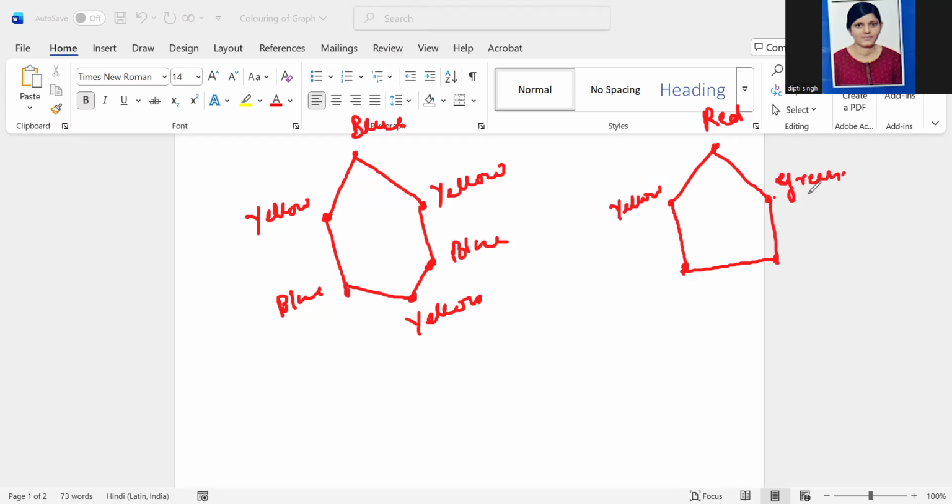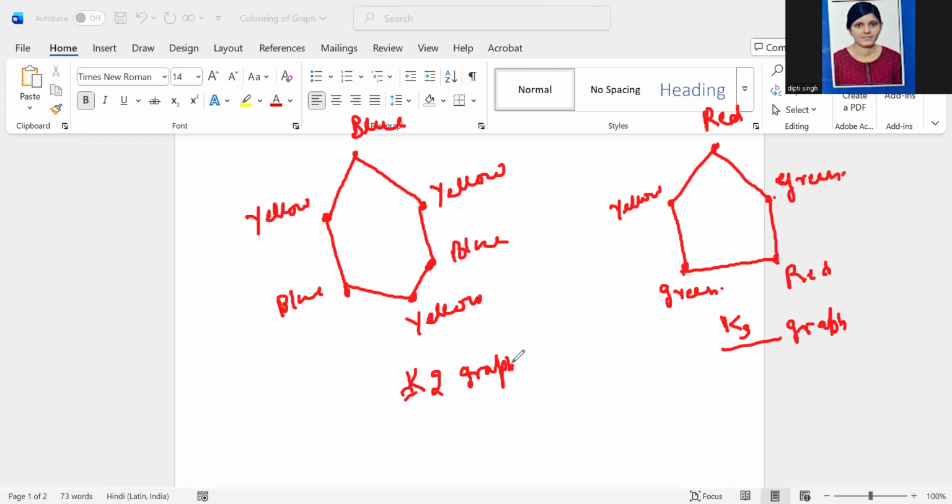If you color green, then you can take red, and you can take green. So there are only three colors required. So the chromatic number for this one is 2 and this one is 3. Got it? So this is a K3 graph and this is a K2 graph. Is that clear?